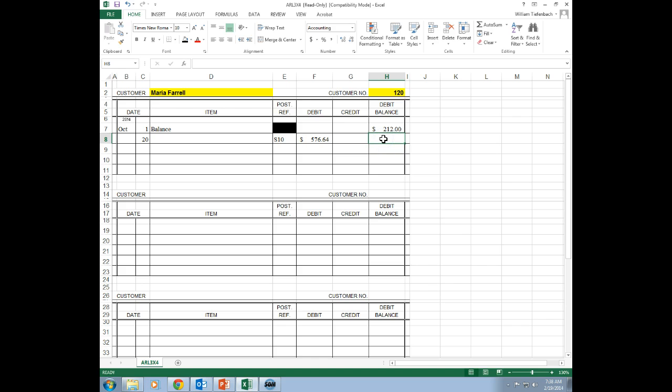A real simple function is to hit the equal sign, tap that cell, hit the plus sign, click this cell, and it'll add them up for us. If you don't remember this from previous lessons, come down, and notice your mouse turns into a thick crosshair at the very corner. You can drag this down, and the formula will carry along with it. So any number that I put in here now will change the total.